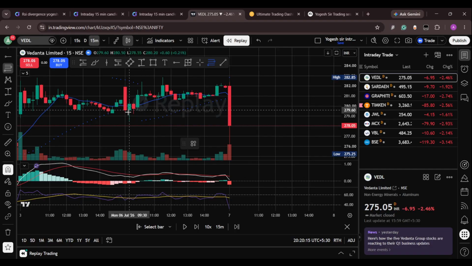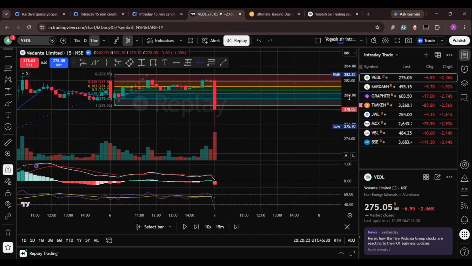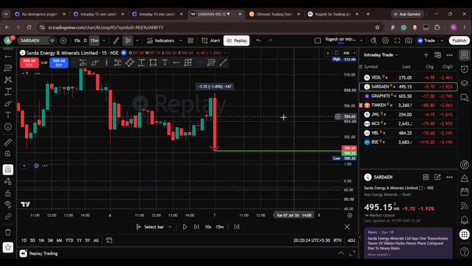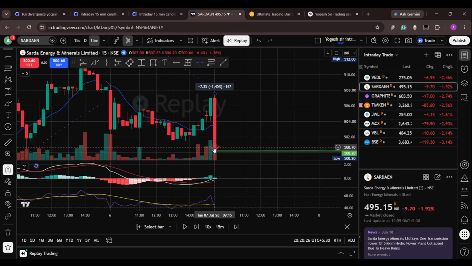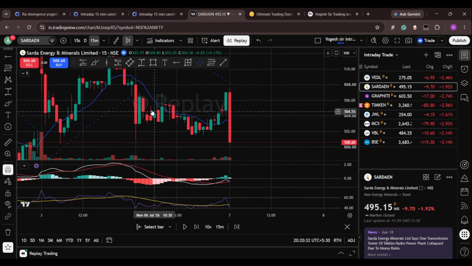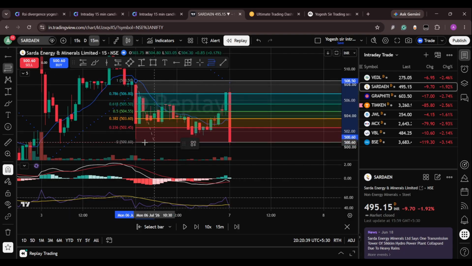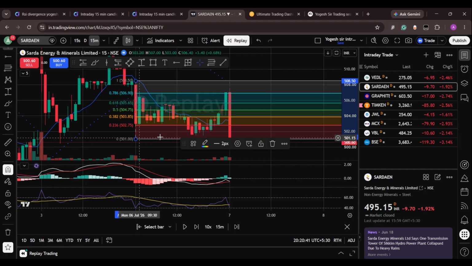My previous day low, previous day high, candle breach. This is a good stock. The second candle that I have, previous day high and previous day low.